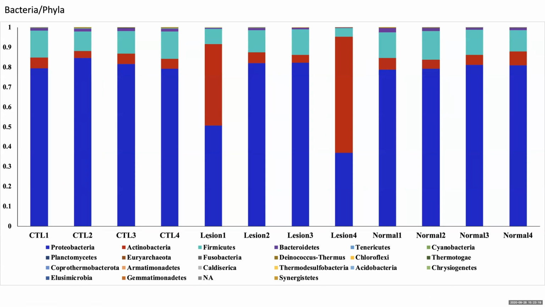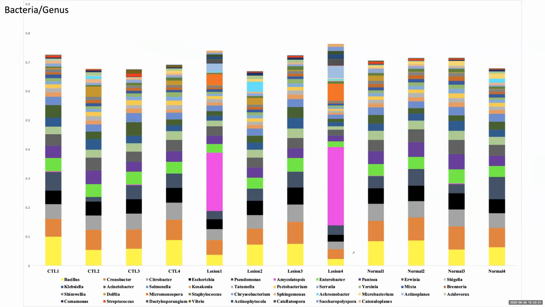Lesion 1 and lesion 4 were the ones that had high actinobacteria, and now we could see that they have a high abundance of Amycolatopsis. So it matched the report that we had: these are Nocardioform placentitis, and we had high Amycolatopsis. But in the other two samples, lesion 2 and lesion 3, we didn't detect the high abundance. We still detect a certain amount of Amycolatopsis, but it was not one of the highly abundant genera of bacteria in these samples.